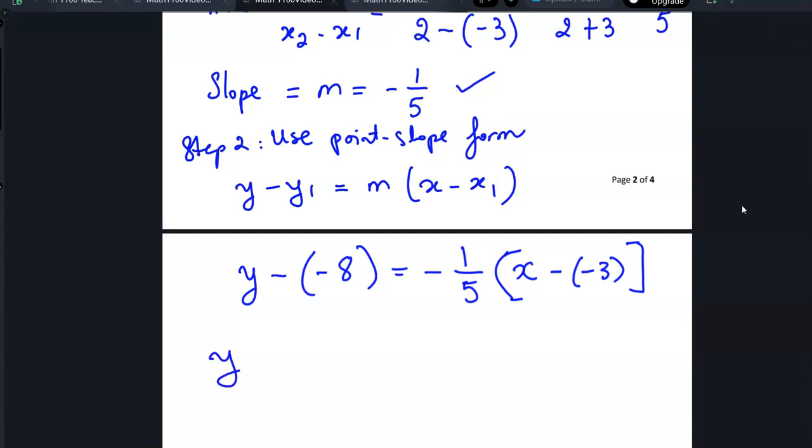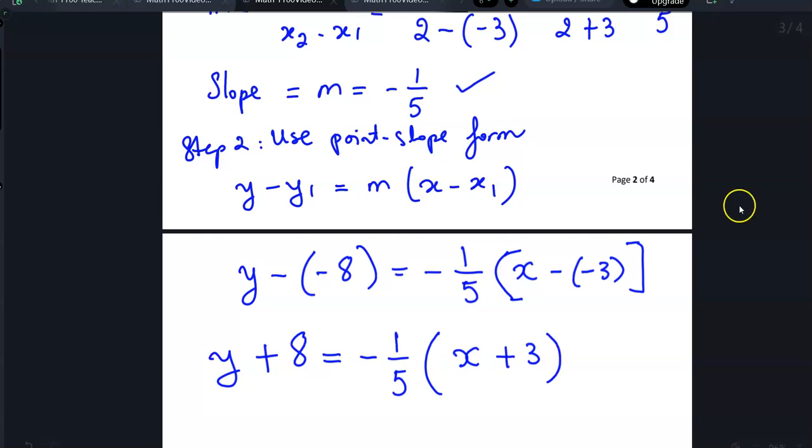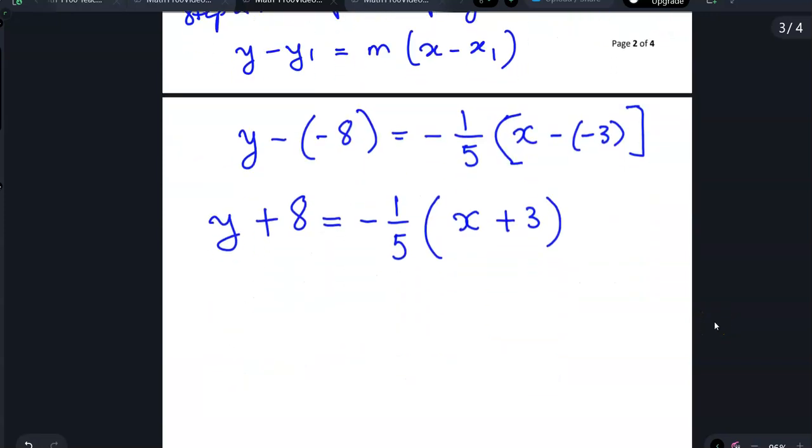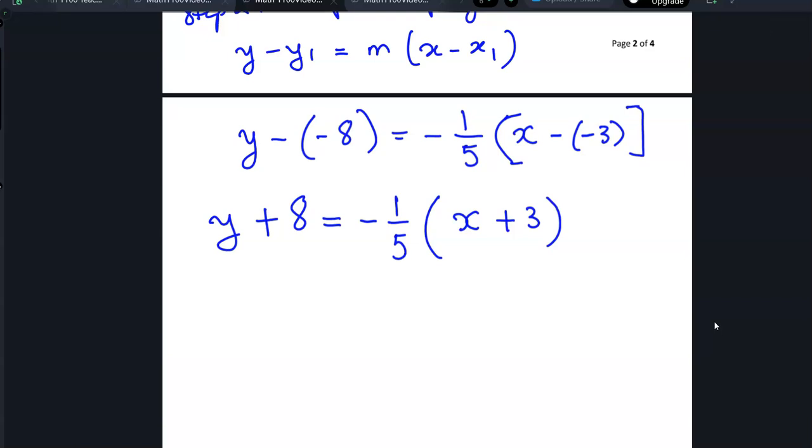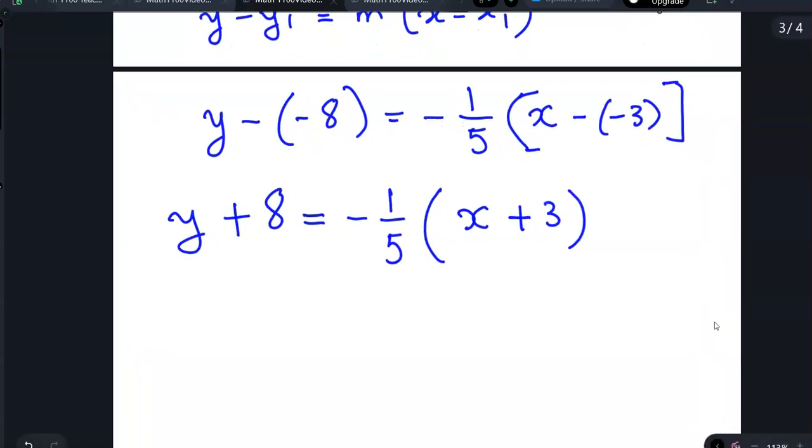Okay, so y now becomes negative negative make it a plus 8 equal to negative 1 over 5. Just leave this for now because I am going to show everyone how to transform this into an equation in general form. Okay, so inside this bracket, I should write x plus 3 because negative, negative make that a plus.